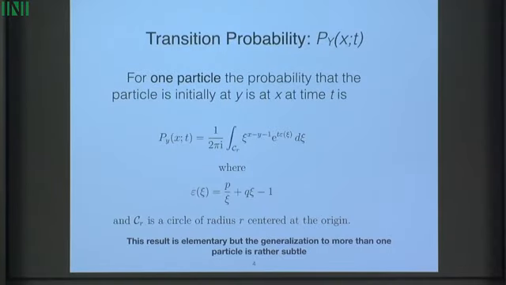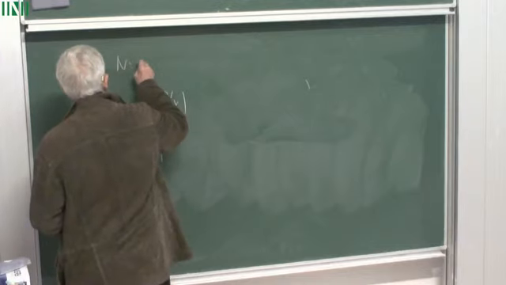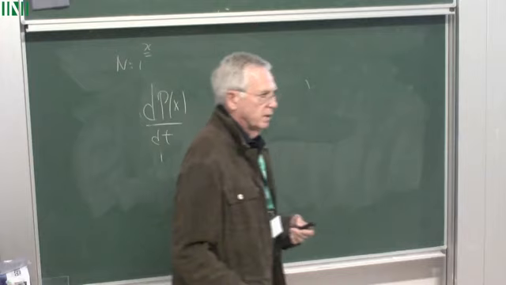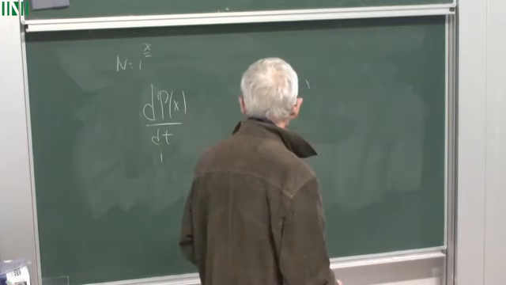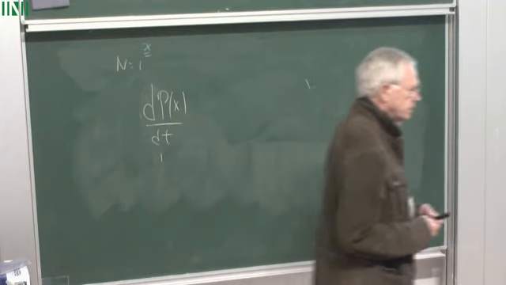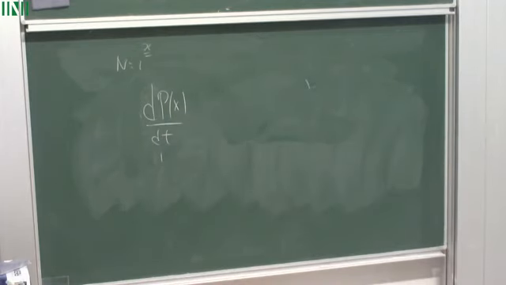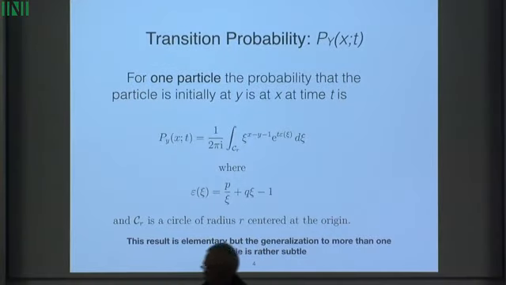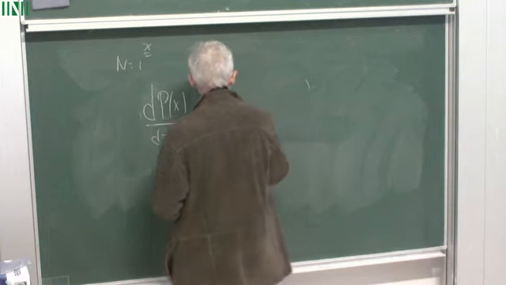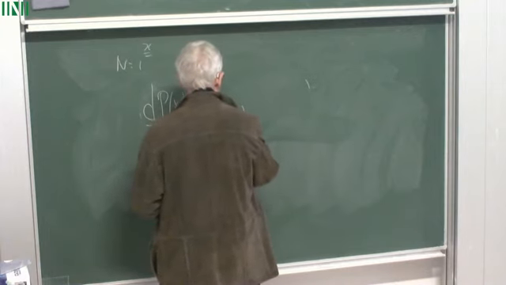For n equals 1, the state is specified by an integer x. The quick way to calculate the differential equation is you write down all the ways to get into the state x minus all the ways to get out of the state x. If we're at x minus 1, there's a rate I go into x from x minus 1.